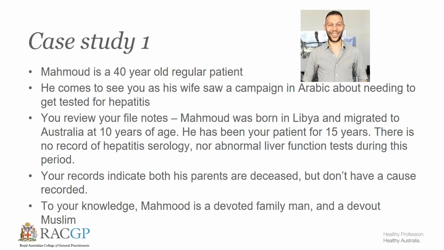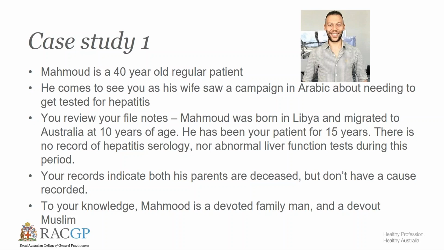So this is the first case study we have, which is about Mahmoud, and he's a 40-year-old, one of your regular patients. And he comes to see you prompted by a campaign in Arabic about needing to get tested for hepatitis. So you review your file notes. Mahmoud was born in Libya and migrated to Australia at 10 years of age, and he's been your patient for 15 years.